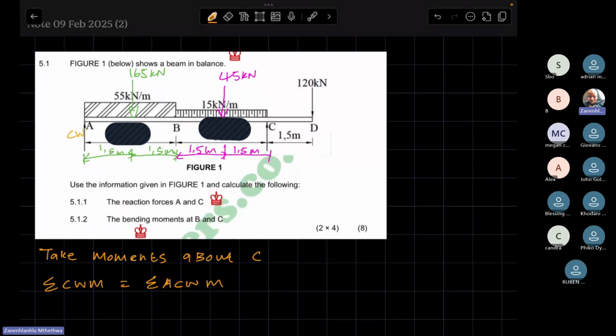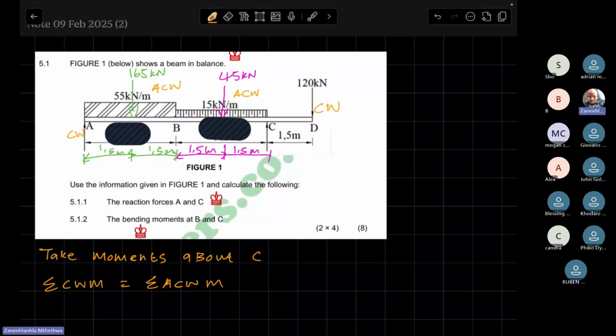What about the 165? This downward point load is anti-clockwise. The 45 kilonewtons also is anti-clockwise. What about the 120 kilonewtons? Is it clockwise or anti-clockwise? This one will be clockwise as well.